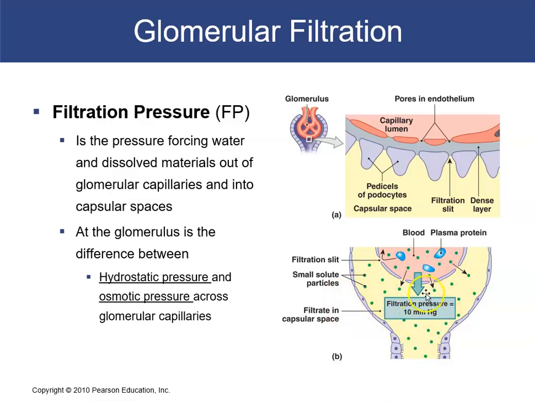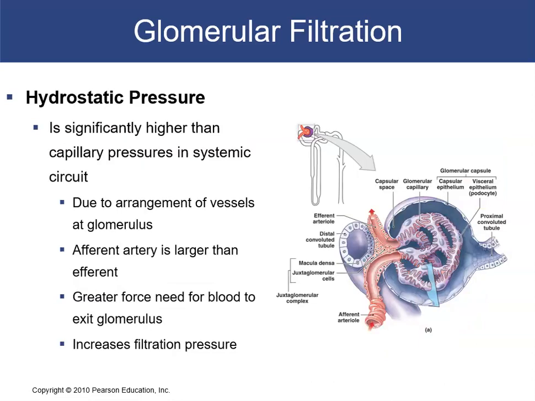And usually the driving force is a pressure of 10 millimeters of mercury. Hydrostatic pressure is greater than osmotic pressure by an amount of 10 millimeters of mercury. The hydrostatic pressure is significantly higher here in the glomerulus than capillary pressure elsewhere in the systemic circuit.